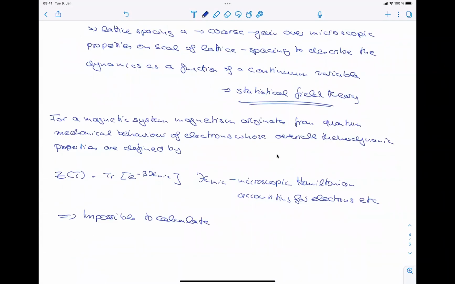So the idea instead is to find a continuum variable that describes nicely the state of the system. And here we already learned from our mean field theory approach that we found an order parameter. Remember, we found that the magnetization is a very good order parameter of our system because it's different in the different phases.